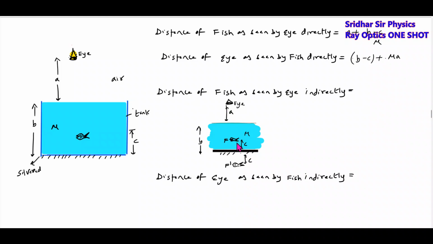So at what distance will the mirror form the image of the fish? At a distance C. So therefore now the distance of fish as seen by the eye, at what distance is the eye from the boundary? A. Now this will be A plus B plus C by mu. Here there is no water, but the image will be at a distance of how much? B plus C from the boundary. This will become B plus C by mu.